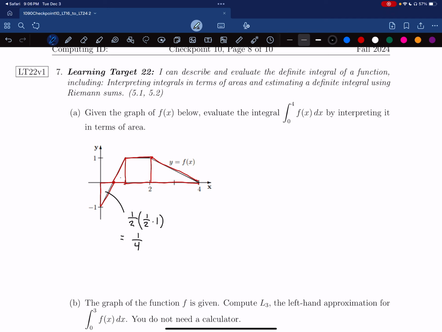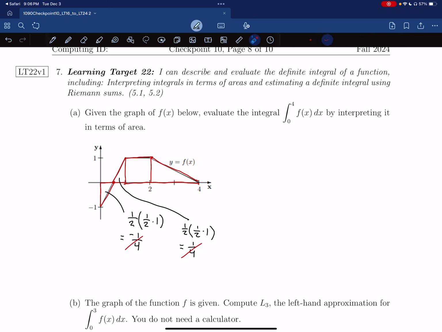And then this shape here, 1/2 base, the base is also going to be 1/2, and the height is going to be 1. So this is equal to 1/4 as well. But as I mentioned earlier, this first triangle right here is below the x-axis, which means it's negative. And I have a negative 1/4 here and a positive 1/4 here. So I'm pretty much going to cancel these out.